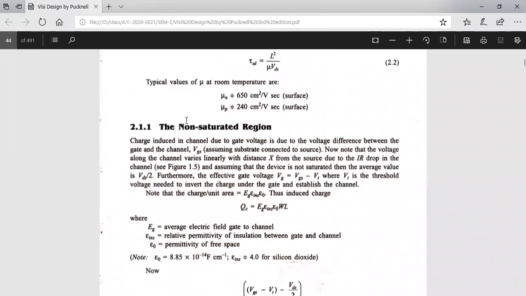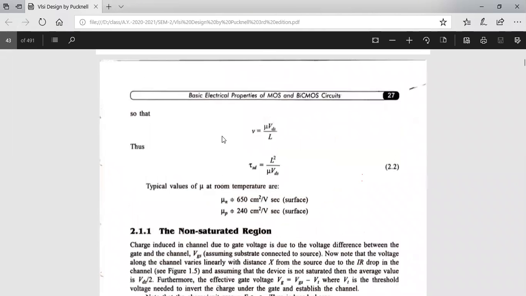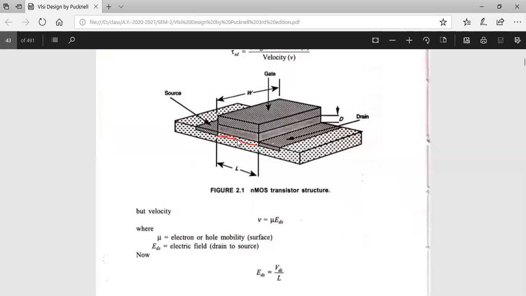Here I have a channel of length L. The voltage varies as we move away from the source to the drain because of the IR drop.